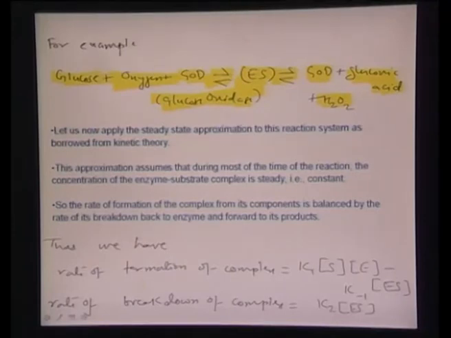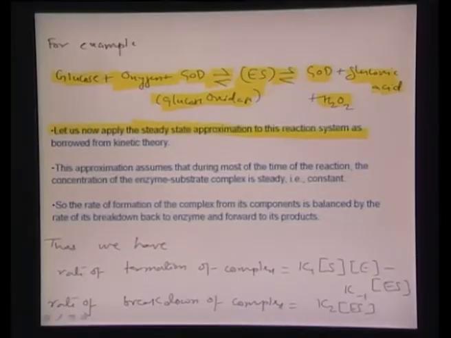Now, we want to apply the steady state approximation to this reaction system, as borrowed from kinetic theory. Okay. So, we want to find out in terms of concentrations of various substrates, enzymes or enzyme substrate complex what we can really model the rate constant as. Okay.